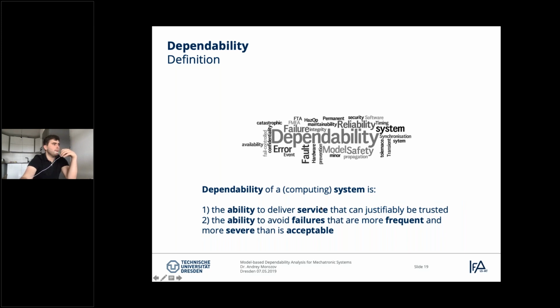The second definition, which is also used, is the ability to avoid failures that are more frequent and more severe than is acceptable. I mean, every system fails. The question is how often.